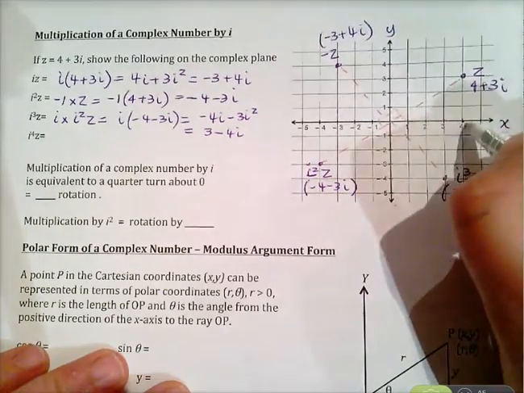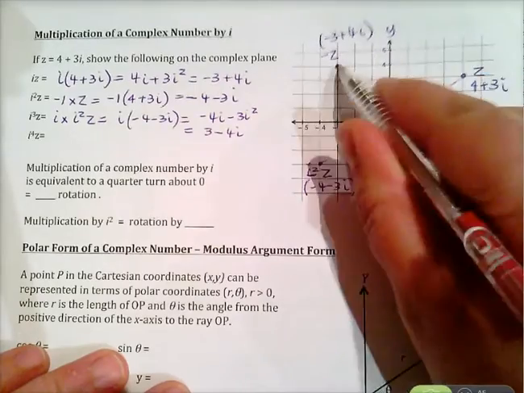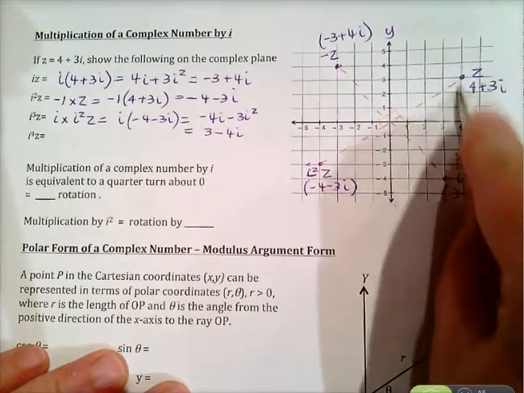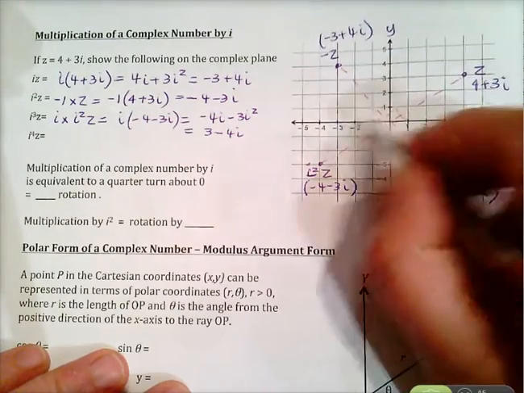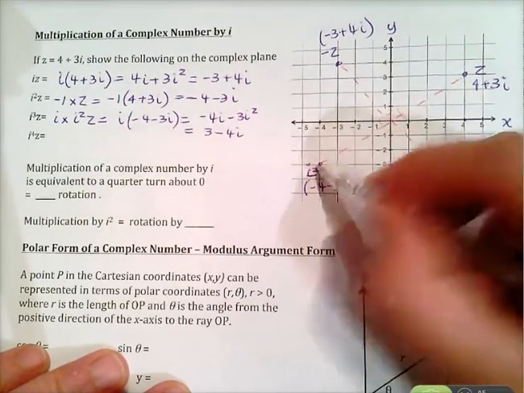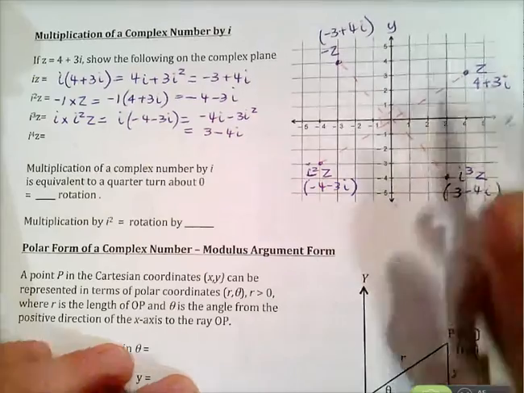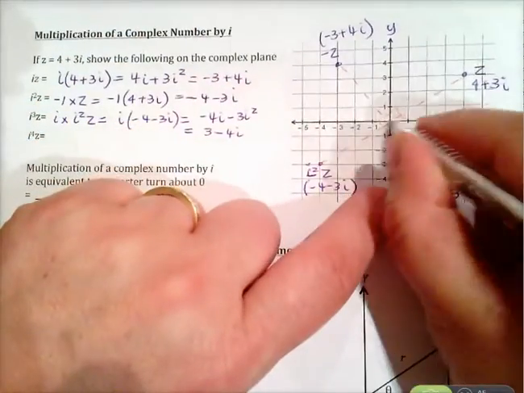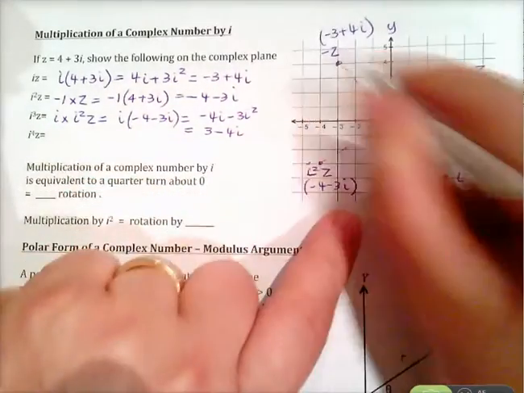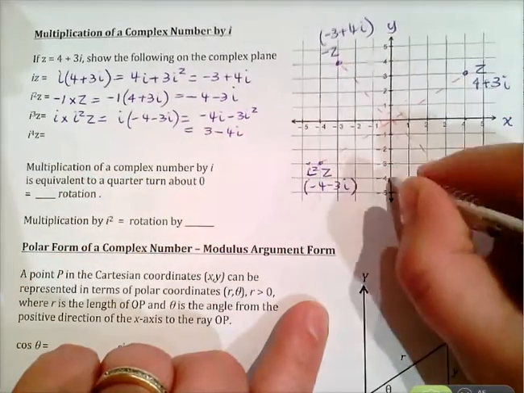Look here, 4 across 3 up. I'm coming across the axis 4 and then out 3. Here I'm going 4, out 3, 4, out 3, and 4, out 3. Basically, it's like I'm spinning this around.